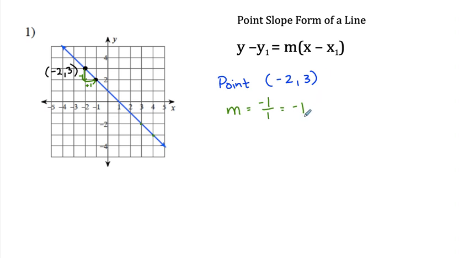With this point and this slope, I'm going to use the point slope form of a line to put in the values that I have and write an equation. So if I take a look at my point, I know that I've got an x value of my point and a y value. And since this is the first point that I looked at on my line, I'm going to call this x1 and this is y1.